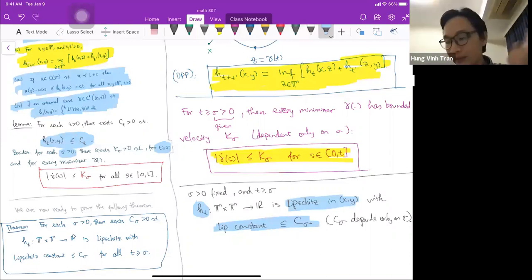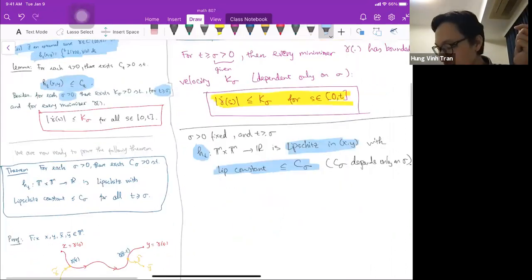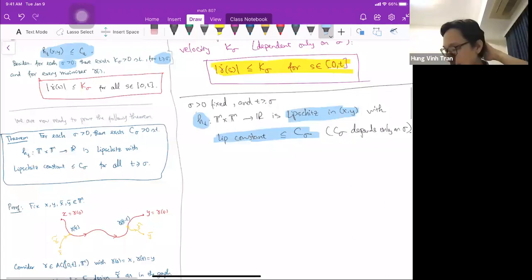And it goes in a very natural way, right? We are just trying to analyze it, and it turns out that to do so, we would need the fact that the velocity of our minimizing curves is bounded. Okay, so let's do that. You can already see that the picture is pretty clear.